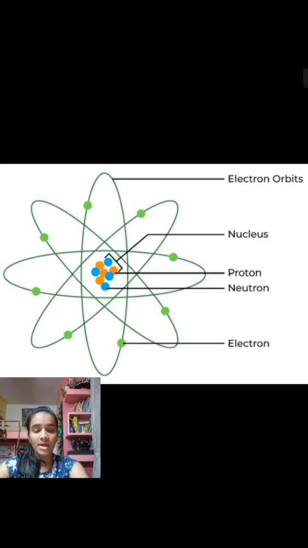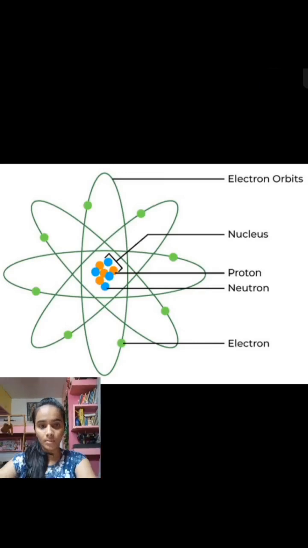First, matter consists of small indivisible particles called atoms. Second, atoms are neither created nor destroyed. Third, atoms of the same element are alike in every aspect and differ from atoms of all other elements.